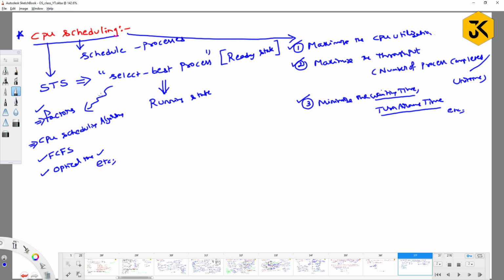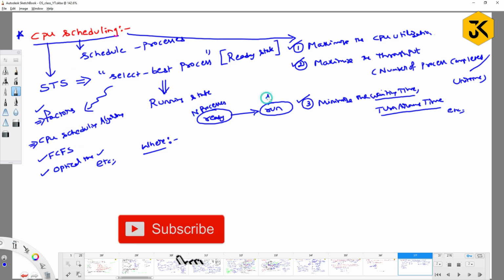And where can we apply these scheduling algorithms? Guys, if you remember the life cycle of a process, we have a ready state, then we have a running state. Here n processes will exist and one process will run in the running state, right?